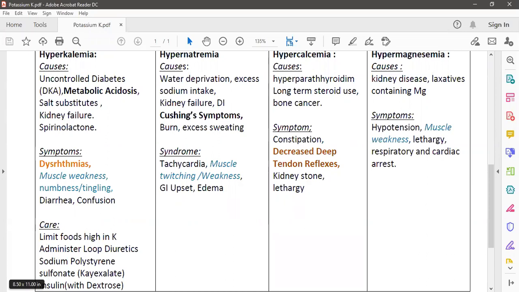What other management? Basically, as an RN or LPN, our major function is to closely monitor the cardiac status because the patient develops dysrhythmias, or administer diuretics or other medication such as glucose or insulin as prescribed.